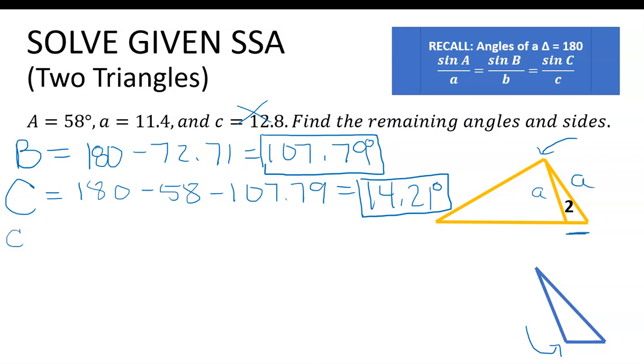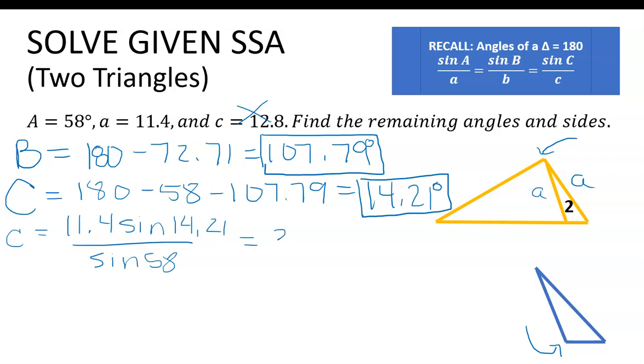So we can set all these up. I'm going to start with the C using the same law of sines. Set it up as a proportion, multiply the 2 that you know, and then divide by the third one. And you will get that side C is 3.30.